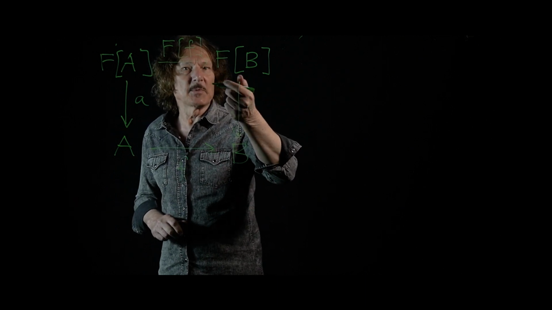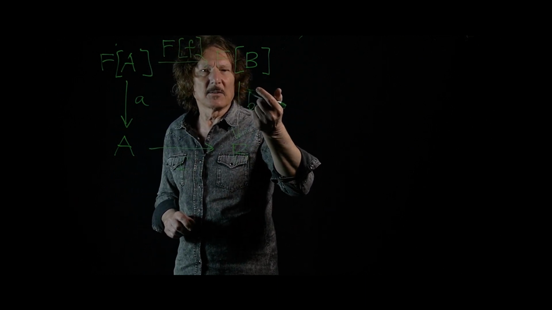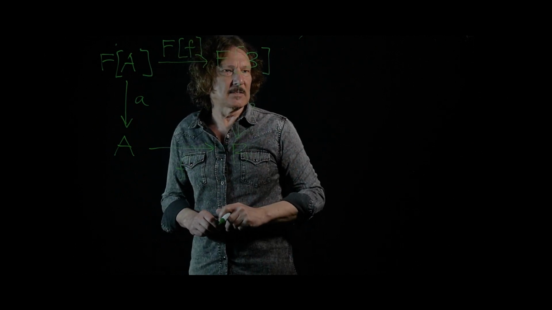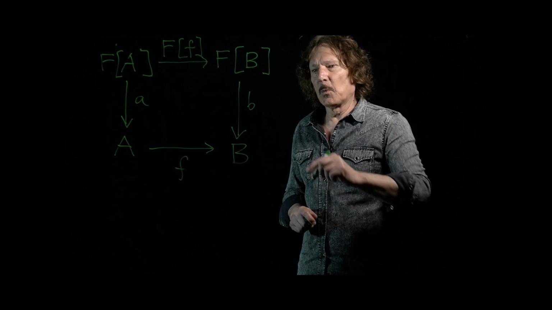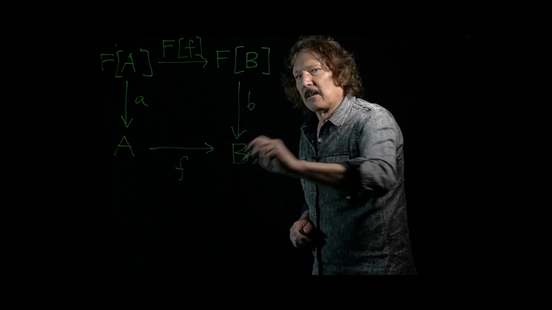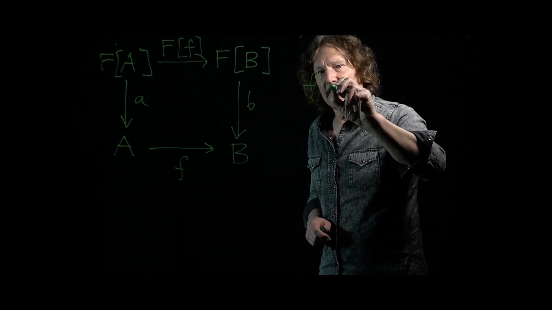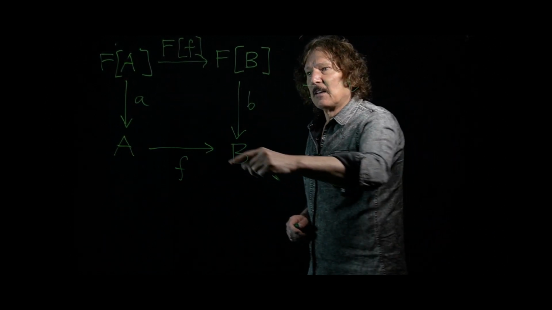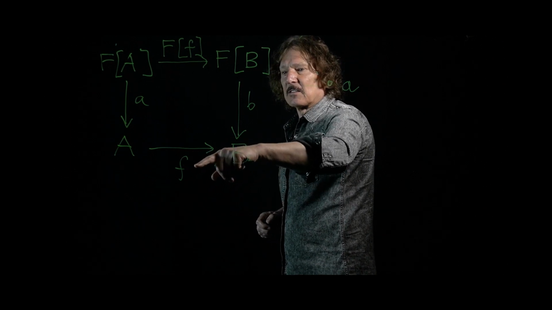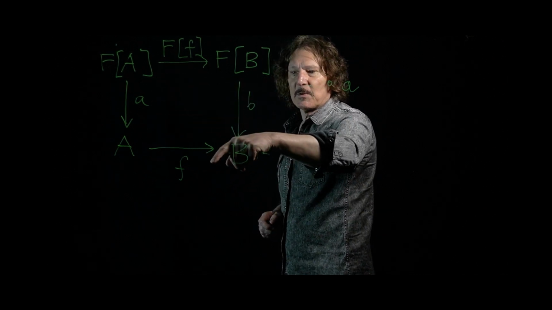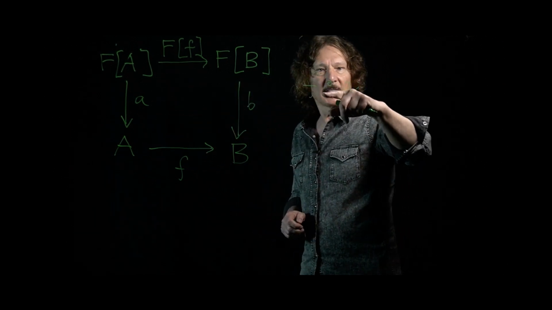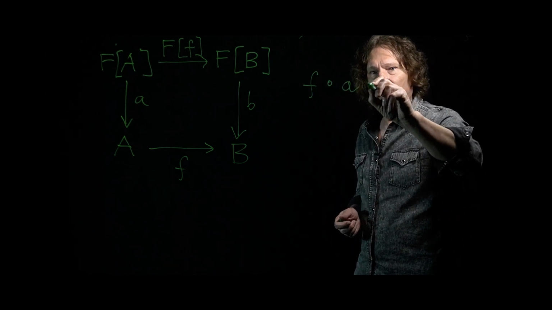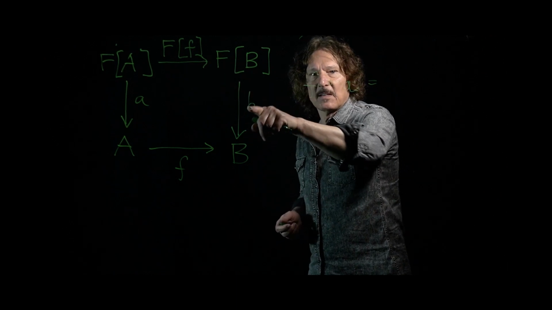This is how we say it in category theory: the diagram commutes if these two paths give the same result, right? One path would be f after a, the composition of these two functions. First we perform a, then we perform f. It's written categorically as f after a with this little circle.